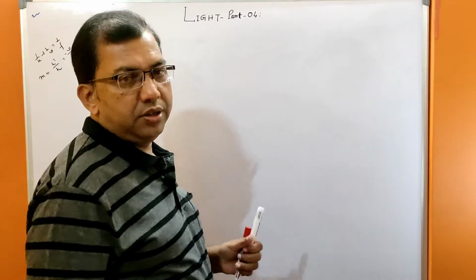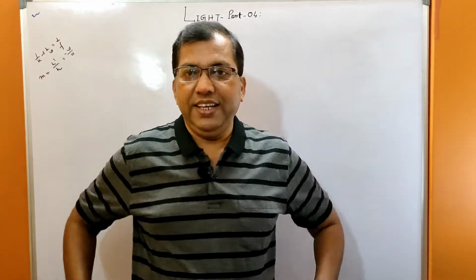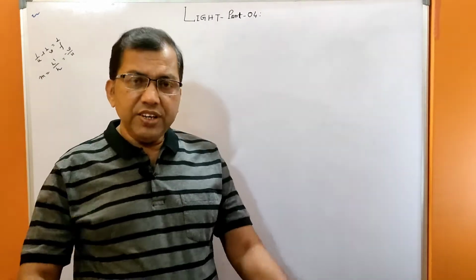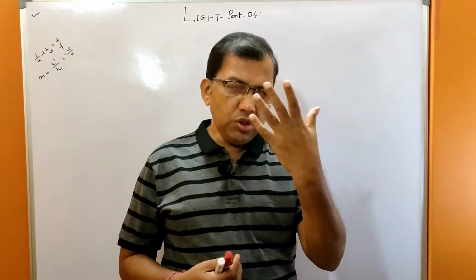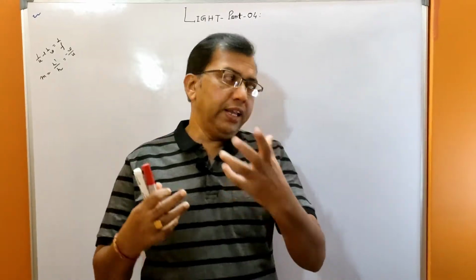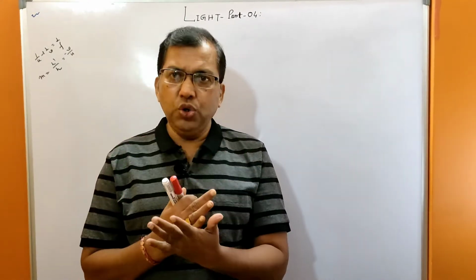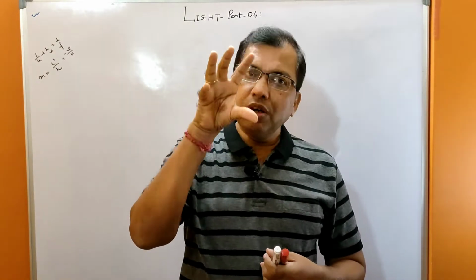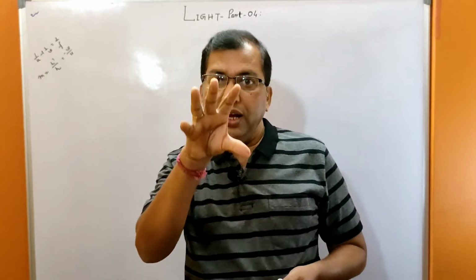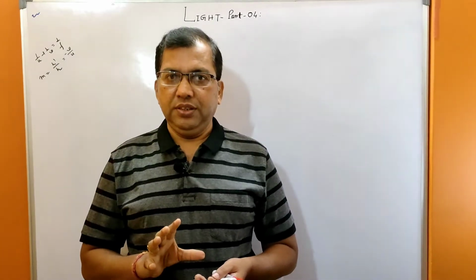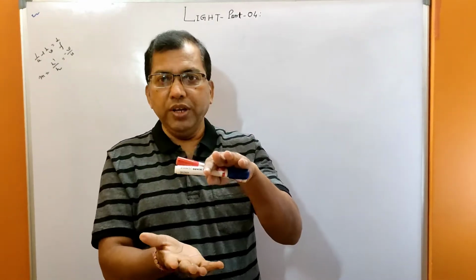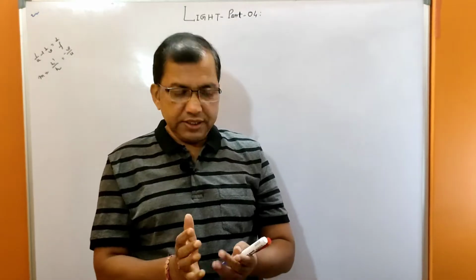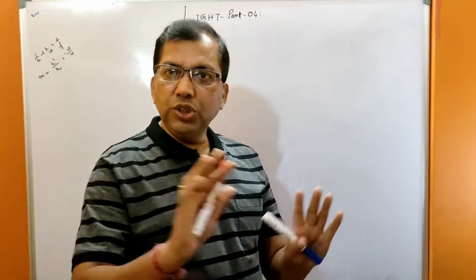And next is the magnification, that is the linear magnification. What is linear magnification? It is the ratio of the height of the image to the height of the object. It has no unit.